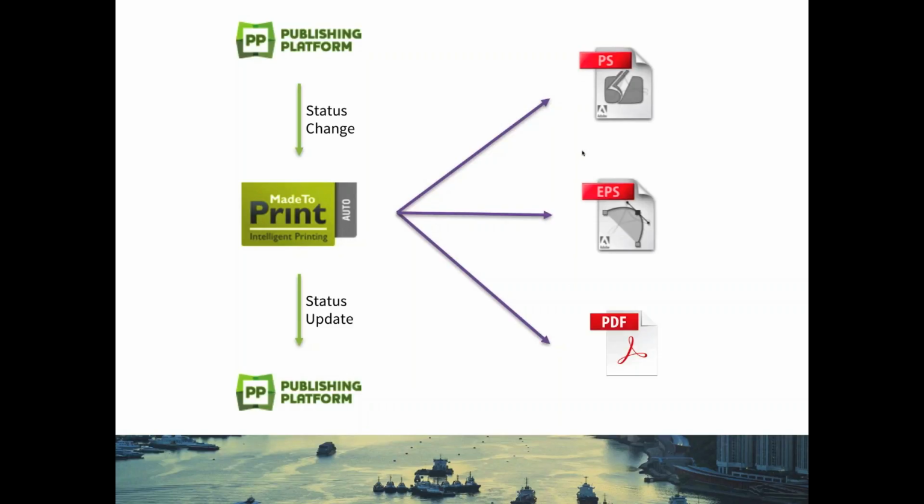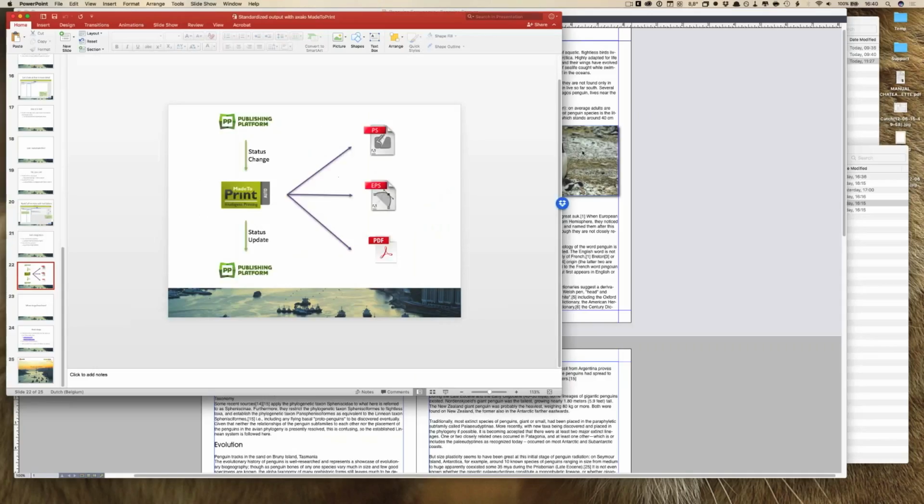They simply work within a Quark publishing platform, and depending on the status of a file, everything will happen automatically in the background. So of course, that's the most powerful way of working, where what the user needs to do is minimized, it is all integrated into the editorial system.